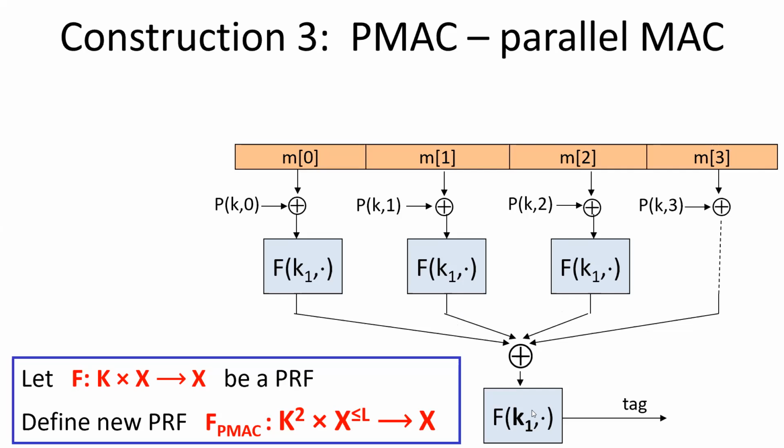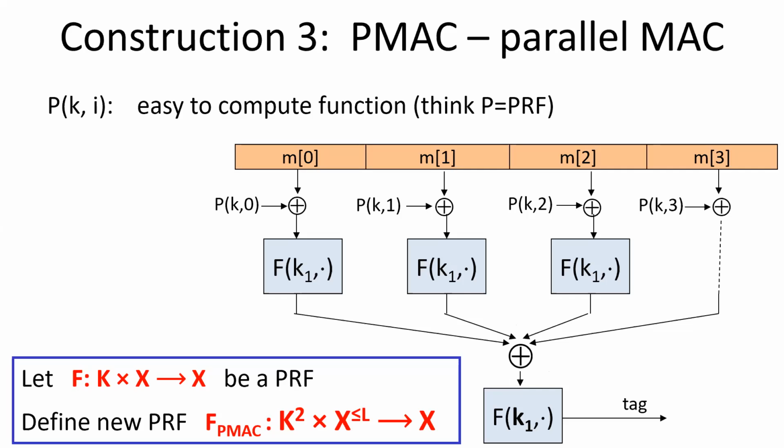And then, in a way, it's similar to both encrypted CBC MAC and NMAC. I do a final processing, but sort of uncharacteristically with the same key. And that is my tag. The parallel MAC also has a beautiful property that it is, how do I call this? That it is updatable.